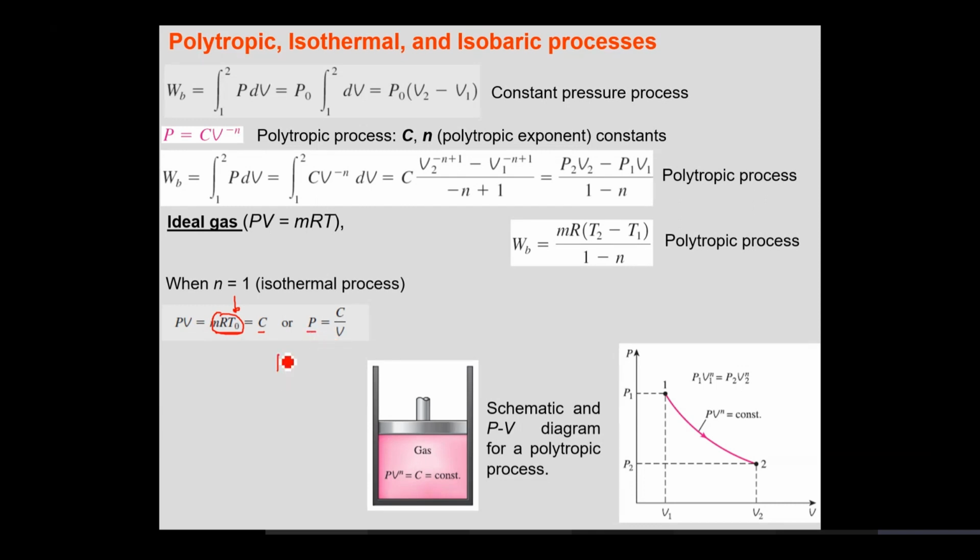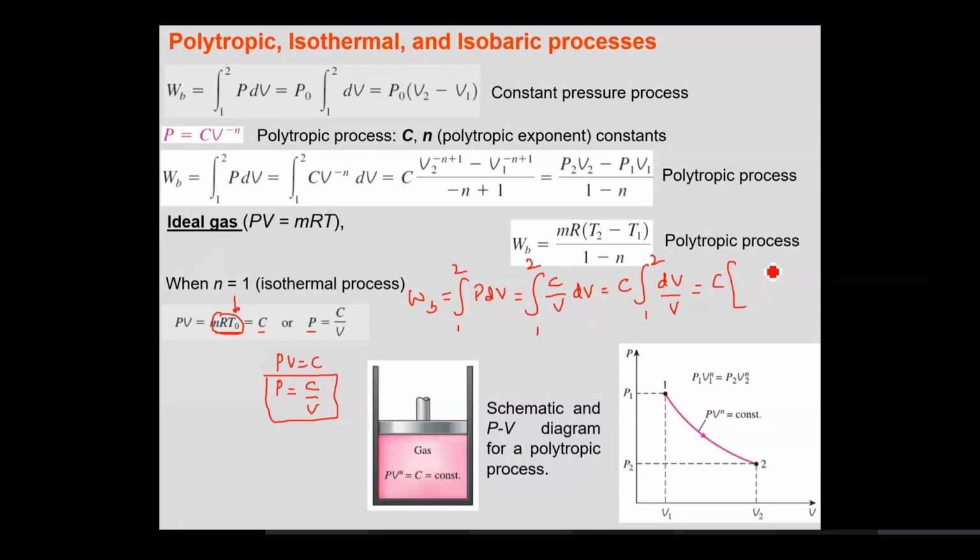That means PV equals constant can be expressed as pressure equals C over V. If I have this expression and I know that the boundary work is the integral from 1 to 2 of P dV, I can write C over V instead of P. So I can integrate from 1 to 2 C over V dV, and since C is a constant I can bring it outside and write the integral of dV over V. The integral of dV over V is what?